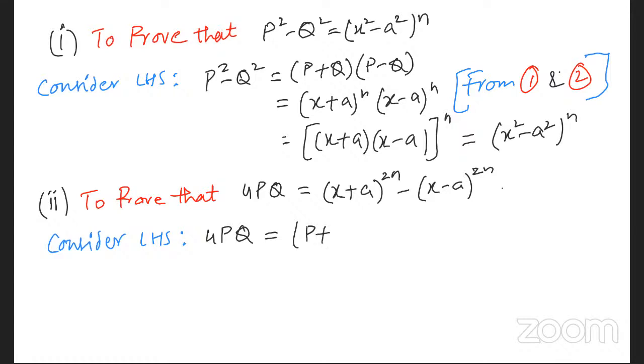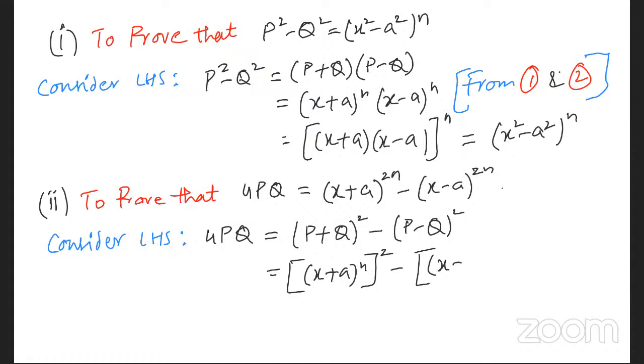p plus q whole square minus p minus q whole square, which is equal to x plus a whole to the power of n whole square minus x minus a whole to the power of n whole square.